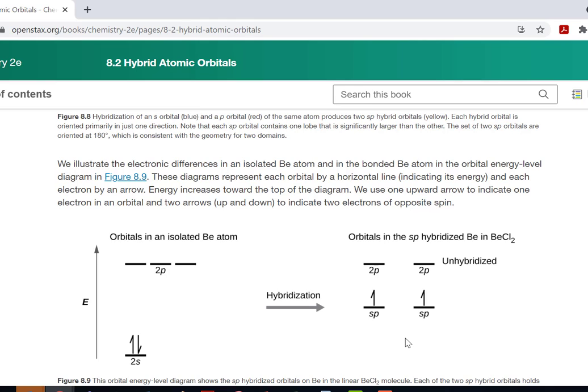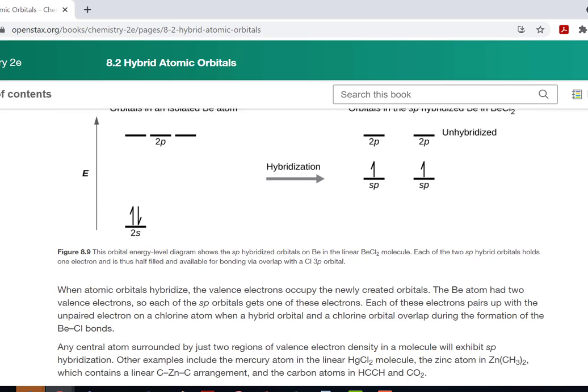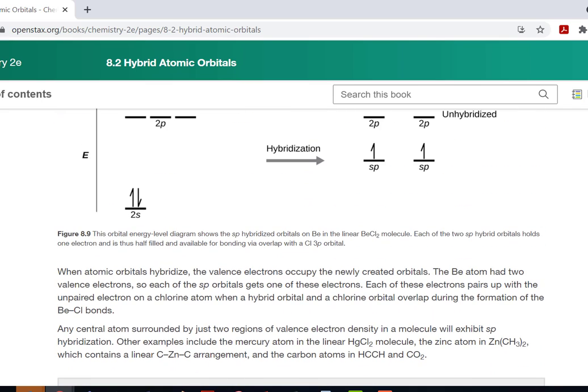The hybridized orbitals you come up with are higher energy than they would be if it was just an atom by itself. So this is why atoms don't do this on their own, because it is higher energy. But when you then combine that to form a bond, you get something that is lower energy than it would have been by itself. So that's the idea of hybridization, applied to an sp hybrid form.